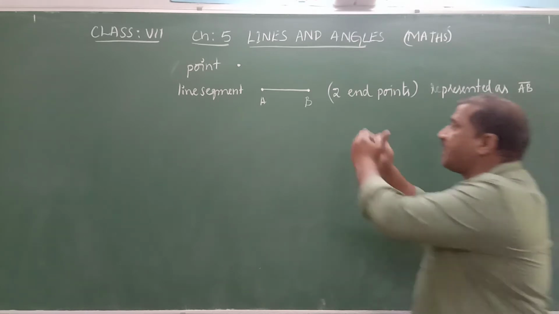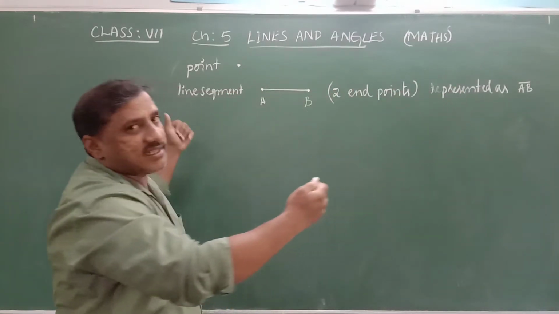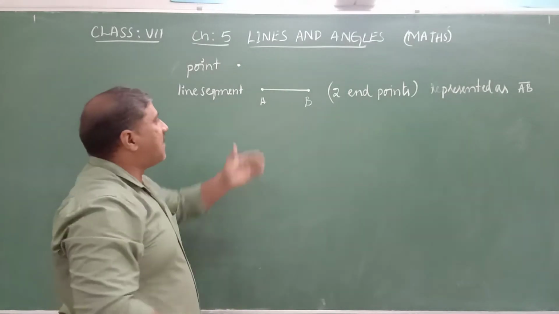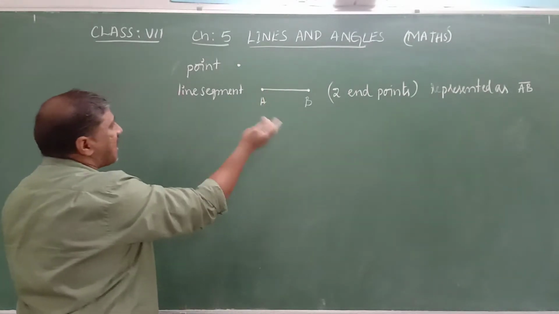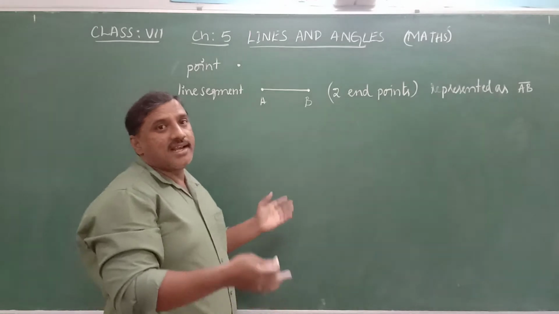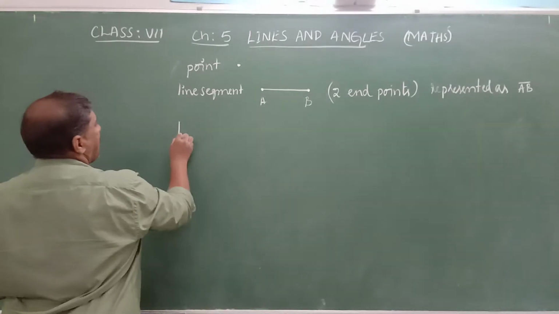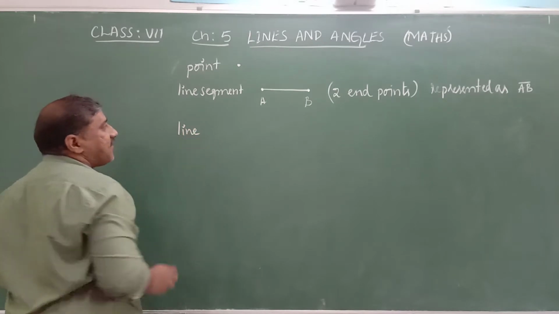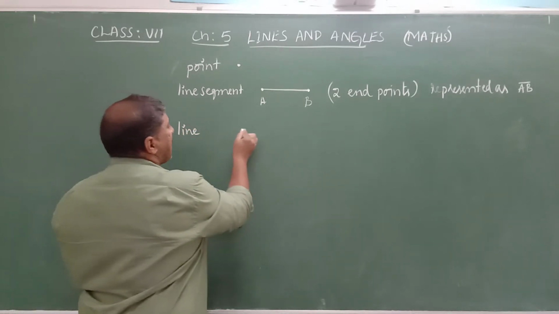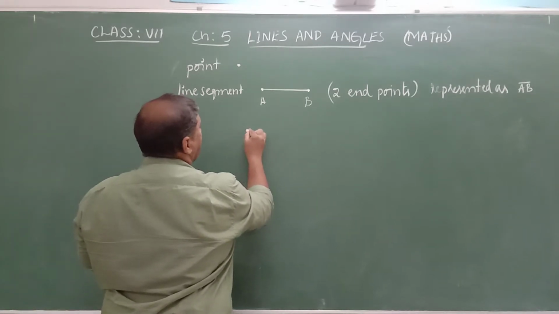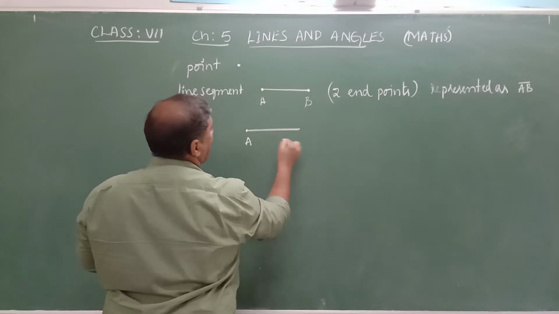When this line segment is extended on both the sides endlessly, that figure is known as a line. Now what is a line? A line is the figure formed by extending both the end points of the line segment AB or any line segment.